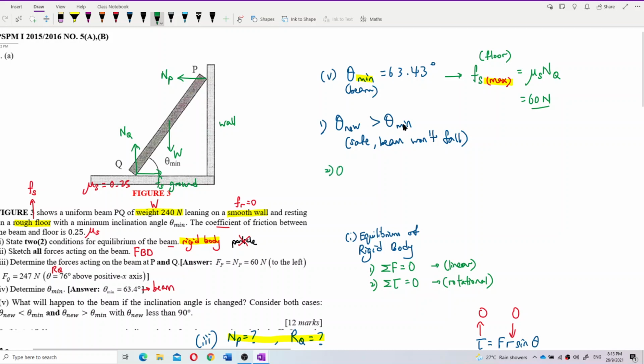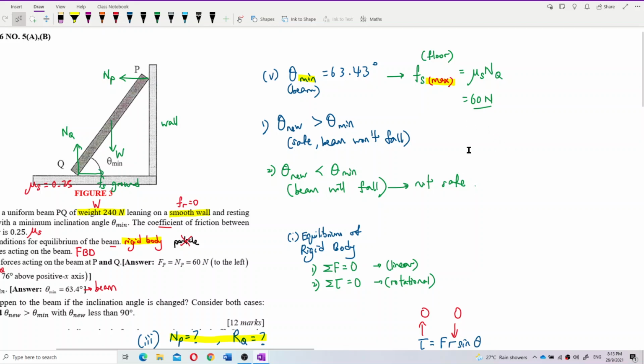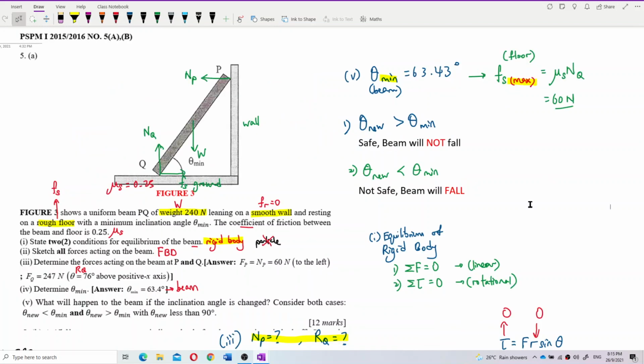If the new angle is less than the minimum, the beam will fall. It is not safe. It will lose equilibrium.